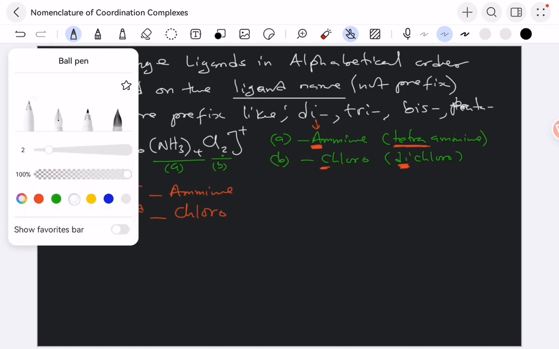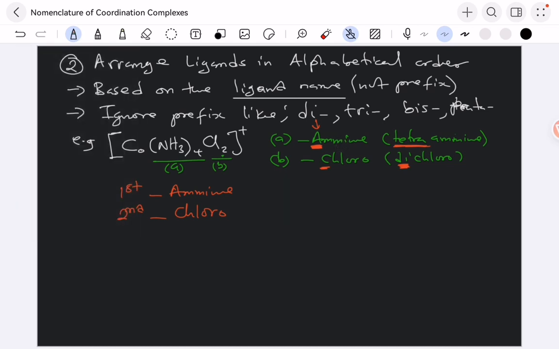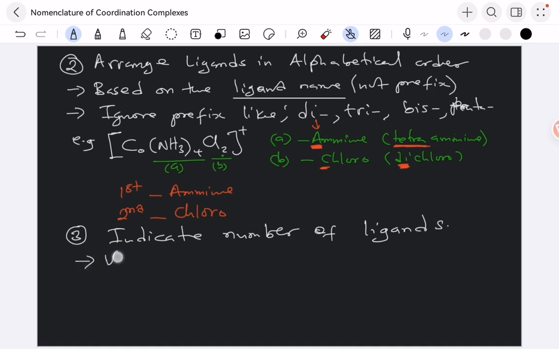Let's move and look at step 3: indicate the number of ligands. To indicate these, you use the prefix.